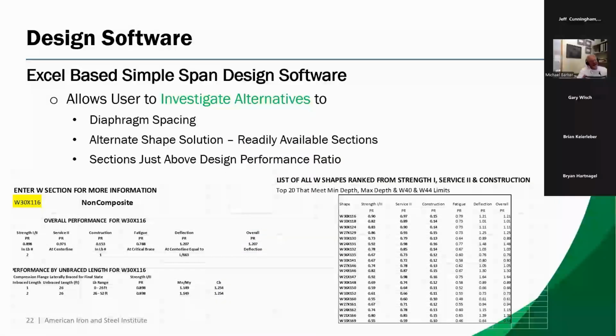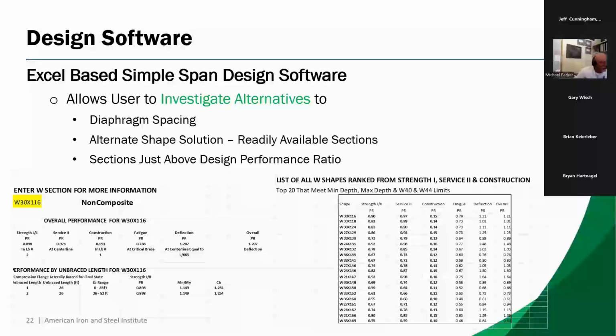And then the software allows the user to investigate alternatives. For instance, maybe a county has access to some beams that were taken out of service at the state level, and they just want to see, will this work? And they put in this W30 by 116 shown on the left here. And then it gives us what are the performance ratios. And we can see this one doesn't meet the deflection one.